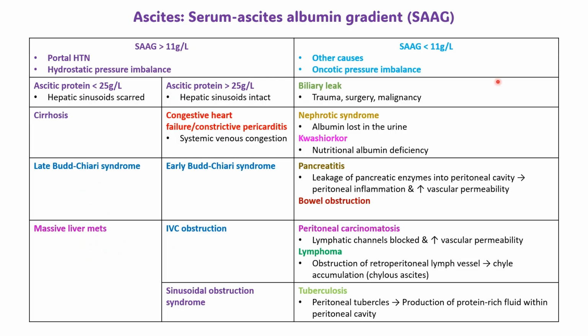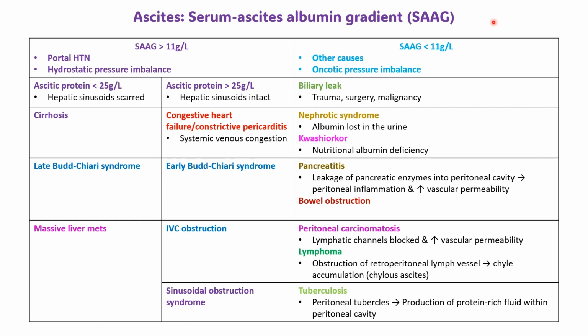Okay. This is quite an important concept that we need to understand, and this is known as the serum ascites albumin gradient, otherwise known as SAAG. So essentially, how you calculate SAAG, it's the concentration of albumin within the serum minus the concentration of albumin within the fluid within the peritoneal cavity.